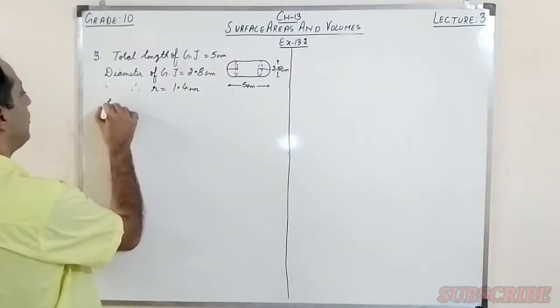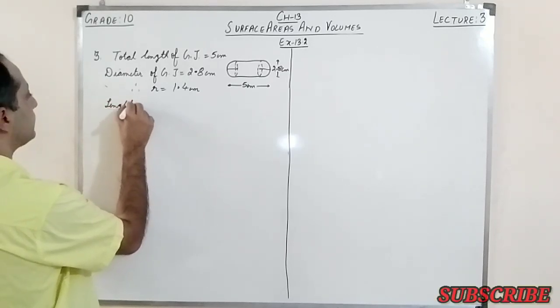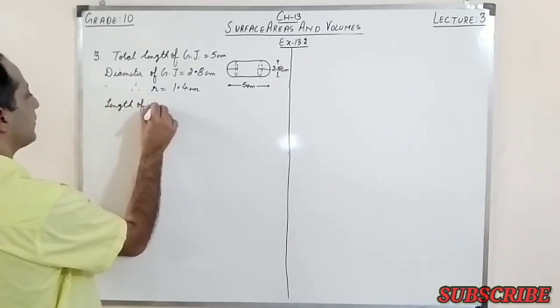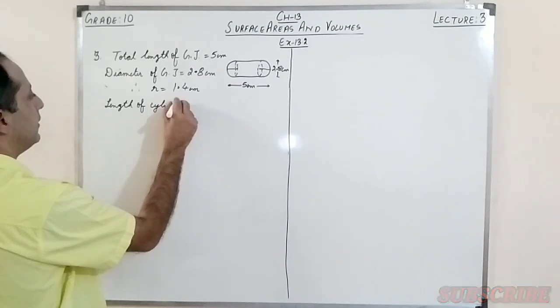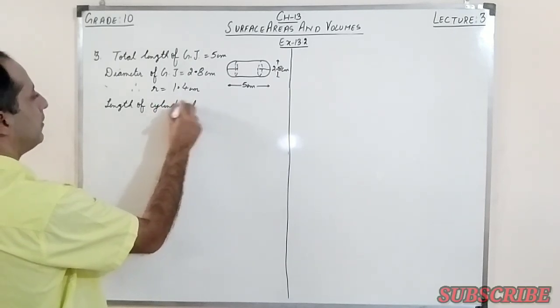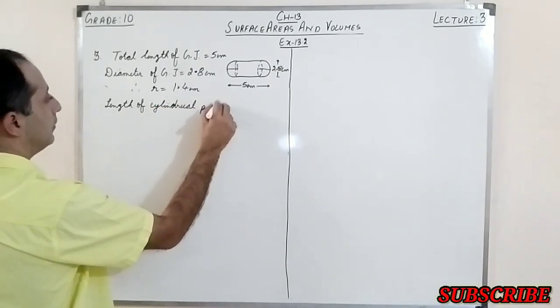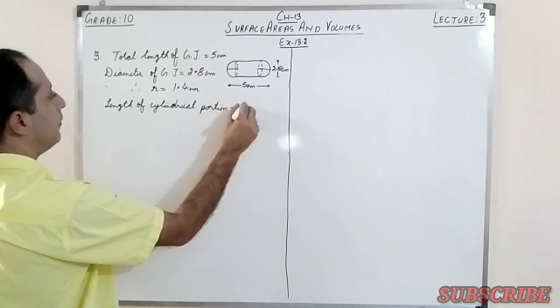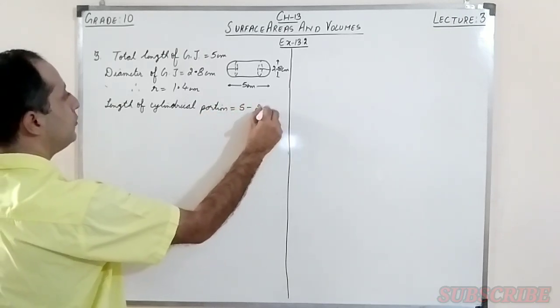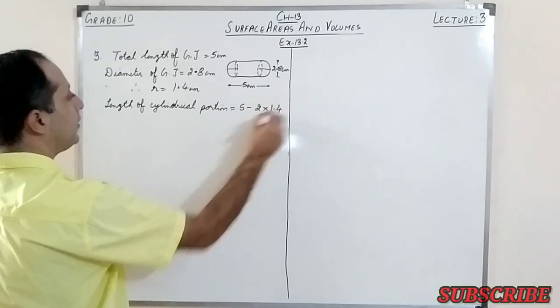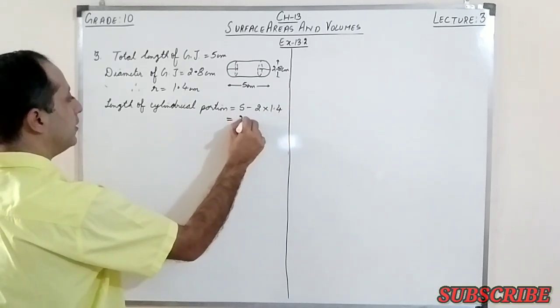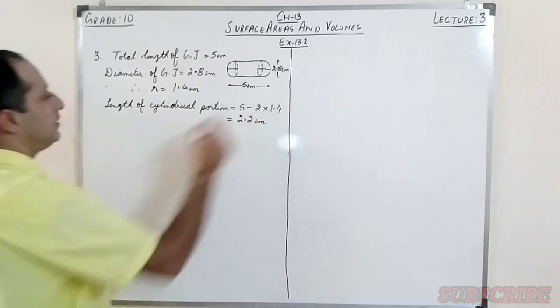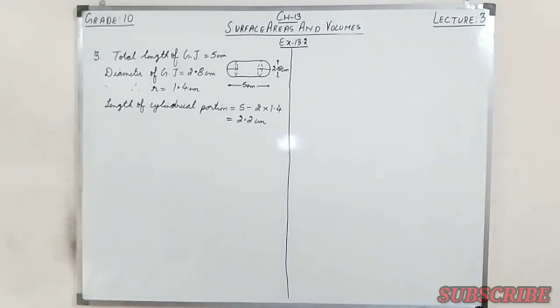So length of cylindrical portion equals 5 minus 2 multiplied by 1.4, and I get the value as 2.2 centimeter.